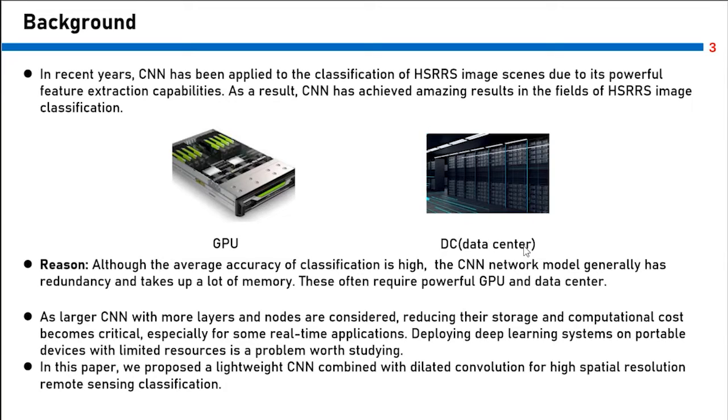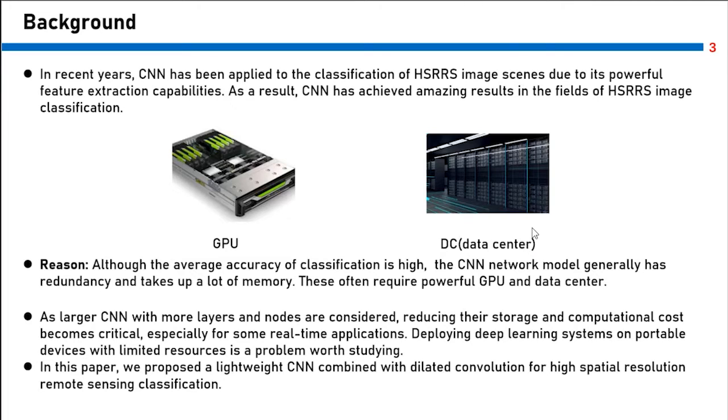Although the average accuracy of classification is high, the CNN network model generally has redundancy and takes up a lot of memory. This often requires powerful GPUs and data centers.